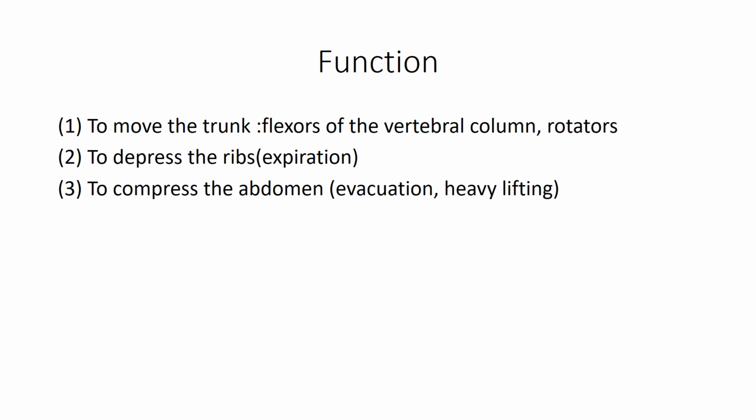The third is that they compress the abdomen, as in evacuation like micturition and defecation, and in heavy lifting. As flexion of the vertebral column is prevented by the erector spinae, the oblique muscles compress the abdominal cavity, aided by the transversus abdominis.